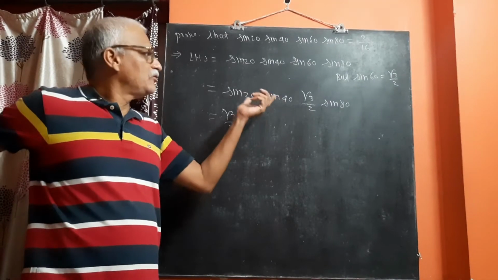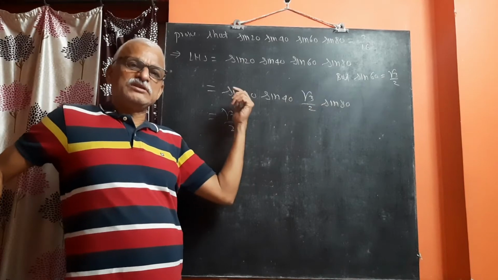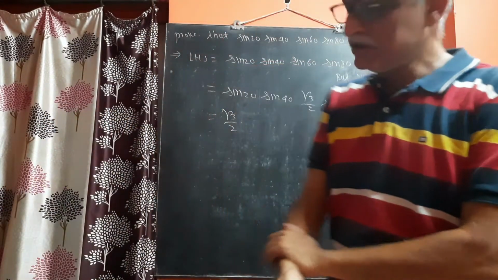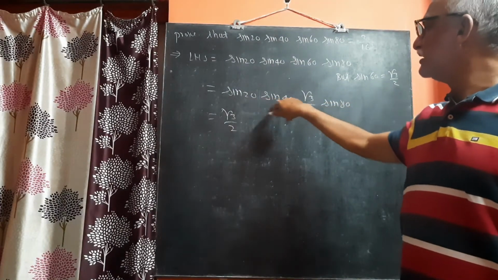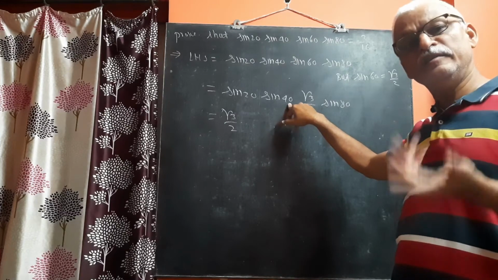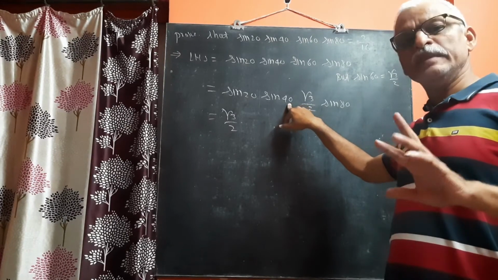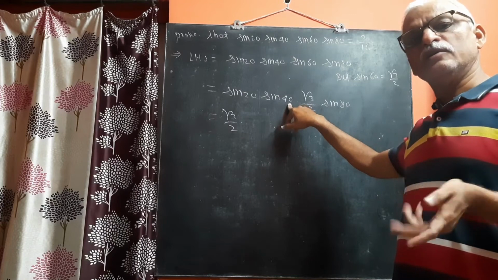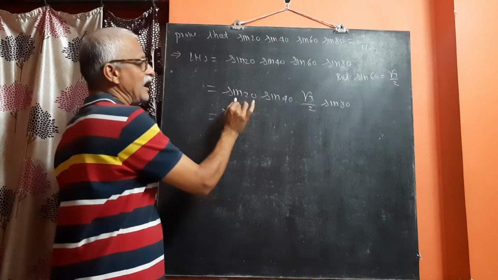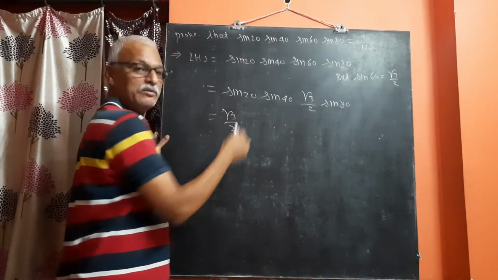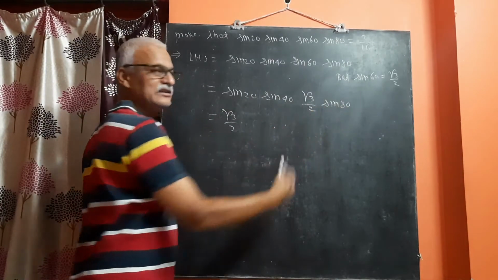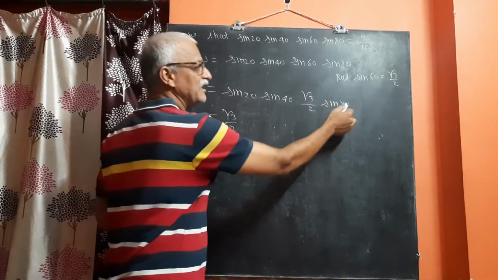Now I make the group of any 2 terms, because we have to apply the defactorization formula, and in defactorization formulas there is either sin A sin B, cos A cos B, like that. You can make the group of sin 20, sin 40, that is the first one, sin 20, sin 80, that is the second one, and sin 40, sin 80, that is the third one.